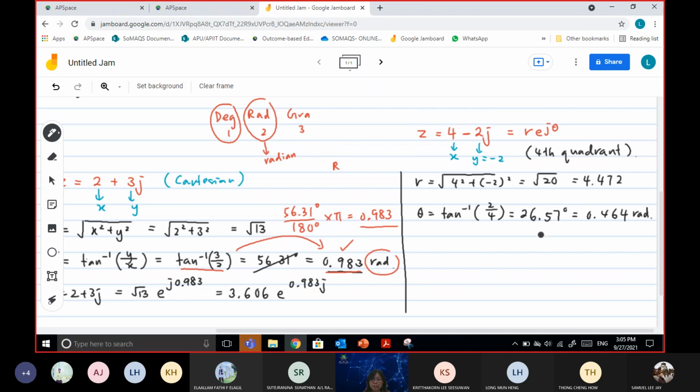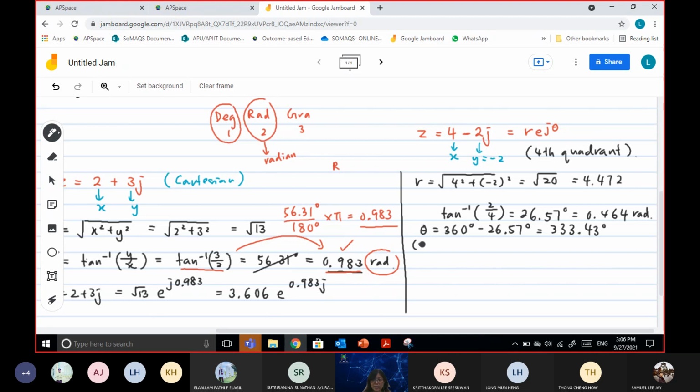So if, let's say, in the fourth quadrant, and I want to calculate in positive angle, the theta should be 360 minus 26.57, which is 333.43.